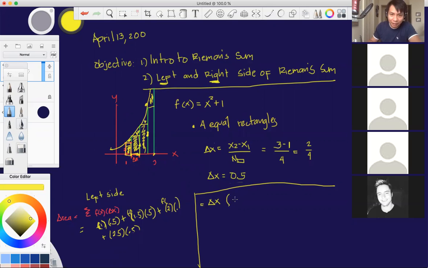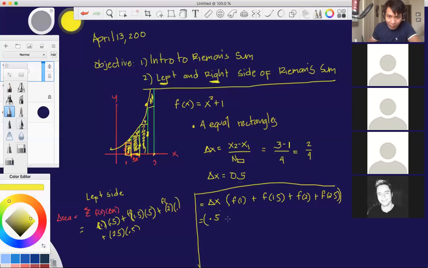I'll have f of 1 plus f of 1.5 plus f of 2 plus f of 2.5. So what does this mean? So again, your delta x would just be 0.5.